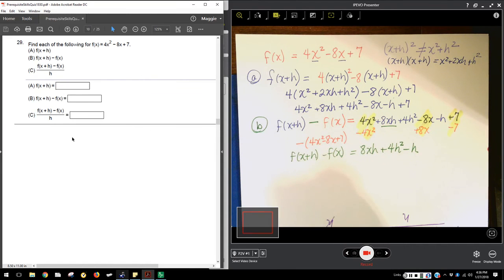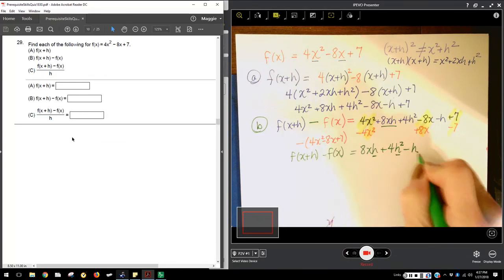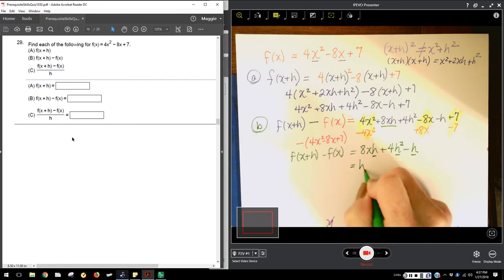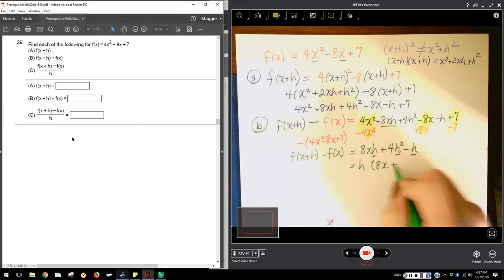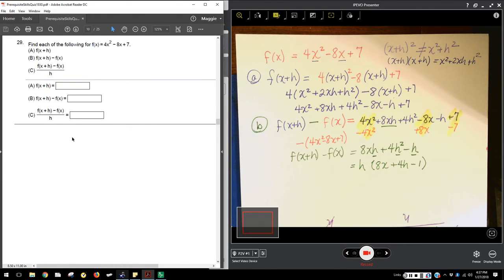And that can be simplified because there's a greatest common factor. And that greatest common factor is h. So we'll factor out the h, which leaves us with 8x plus 4h minus 1. And you're going to see in the next step why I went ahead and did that.